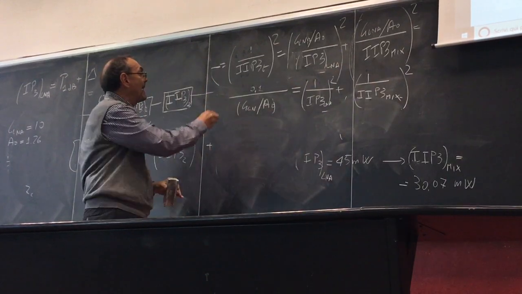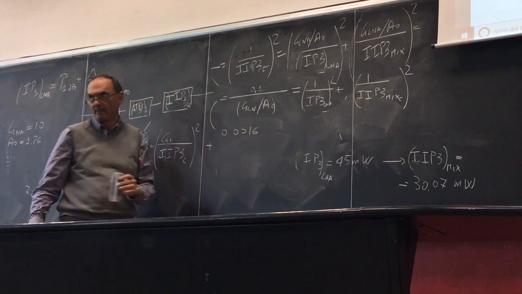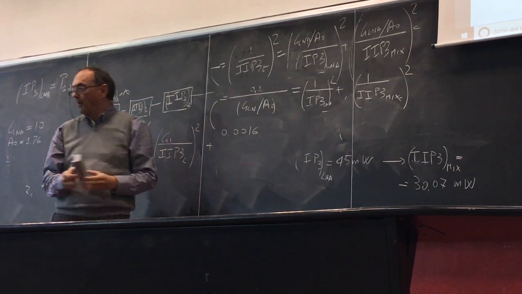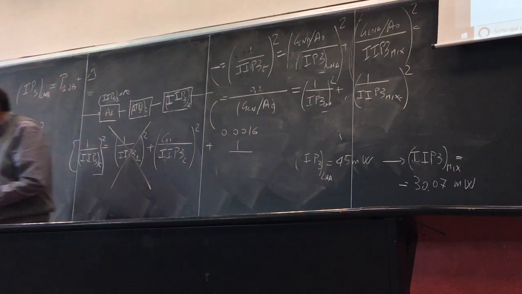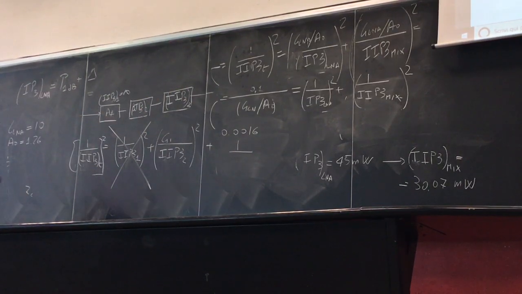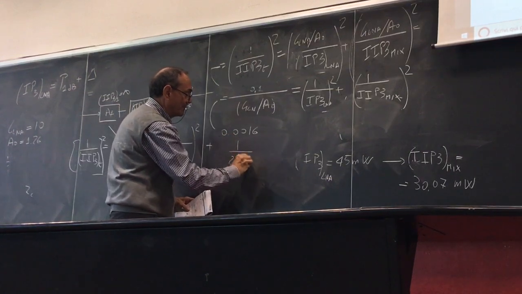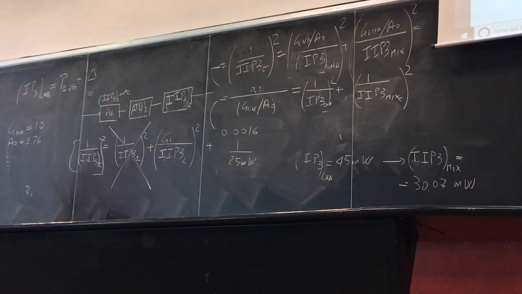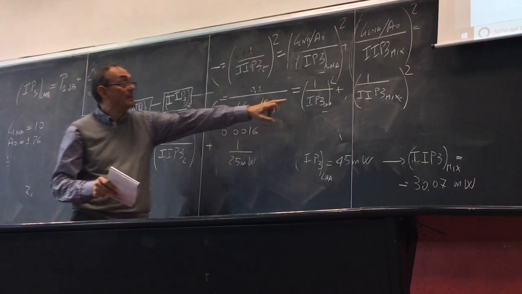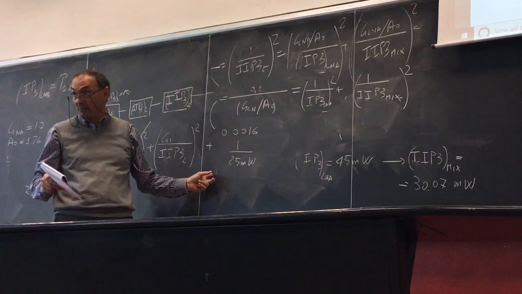Okay? This term is equal to 0.0016, which corresponds to 1 divided by 25 milliwatt, about. So what we have is that these two must be larger than 25 milliwatt.